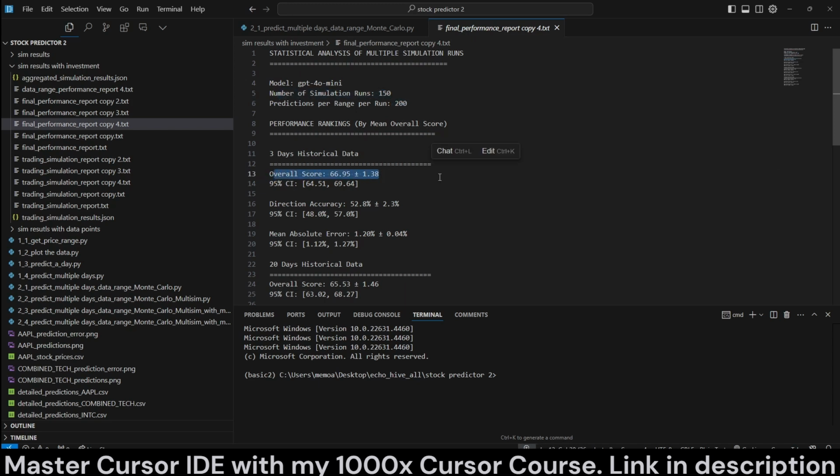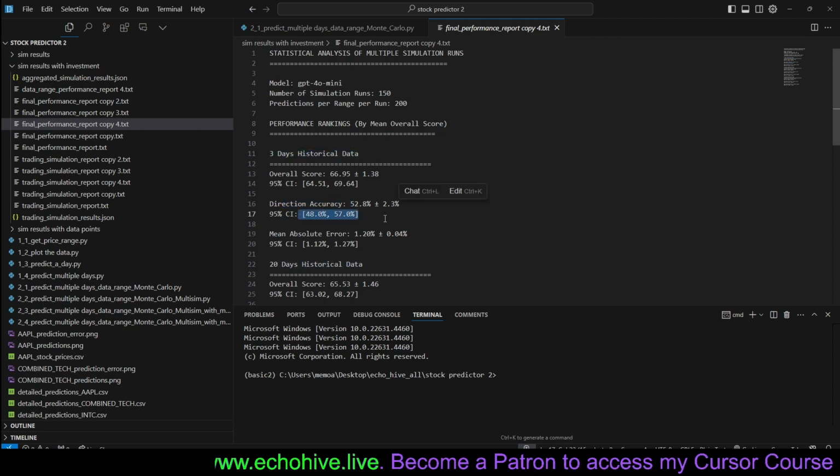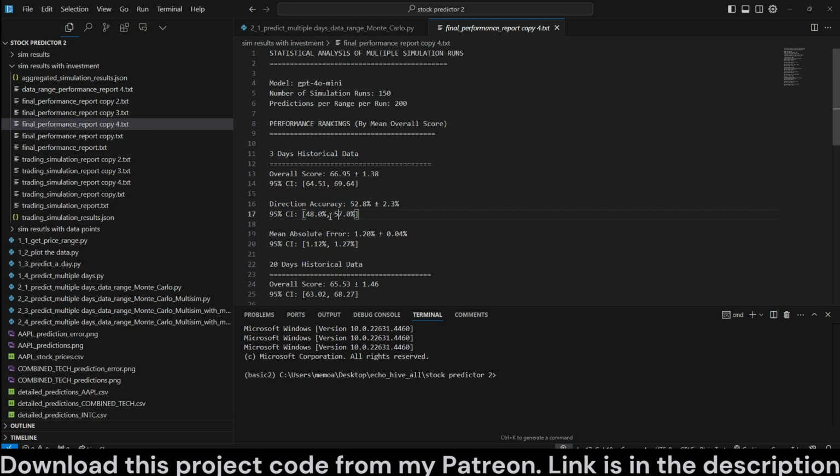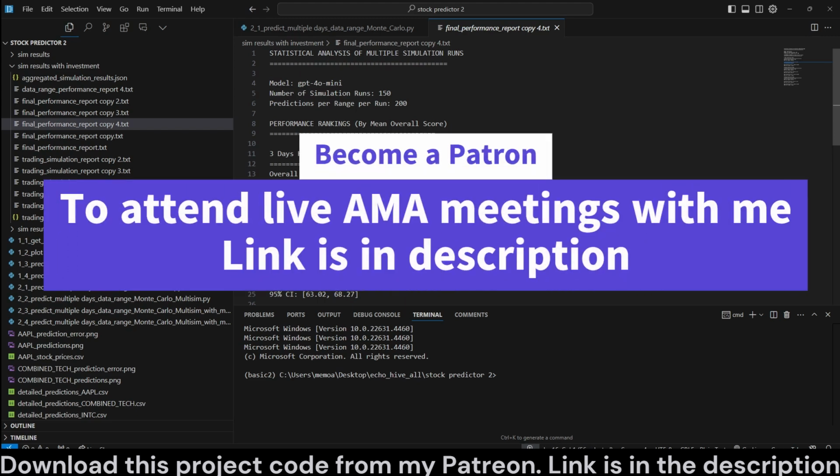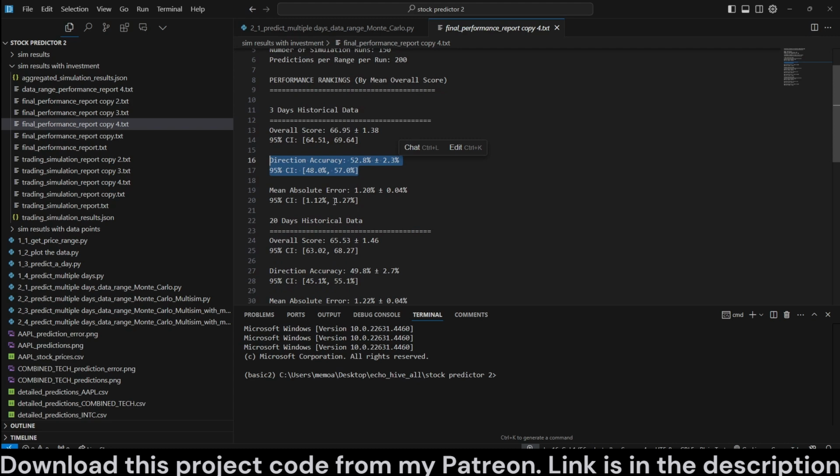We received an overall score based on direction accuracy, mean absolute error, for example, and the confidence range. For example, direction accuracy using 3-day historical data was from 48% to 57%. So it's leaning on the positive side, which means this simulation was able to predict the direction of movement more often correctly than not, which is surprising to me.